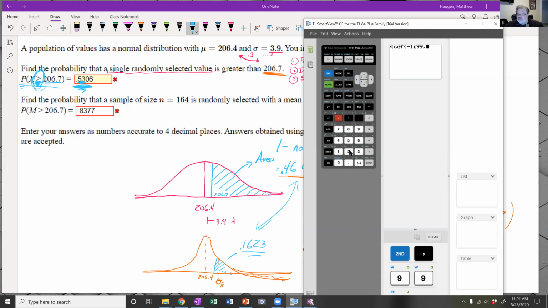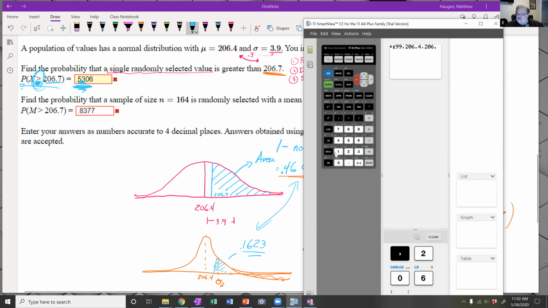Out to 206.4, where, and these are good commas, where our mean was the 206 point, oops, we don't go out to 206.4. We want to go from negative infinity to 206.7.